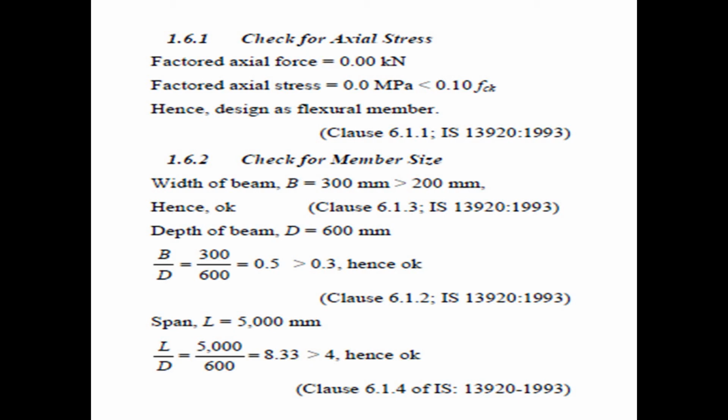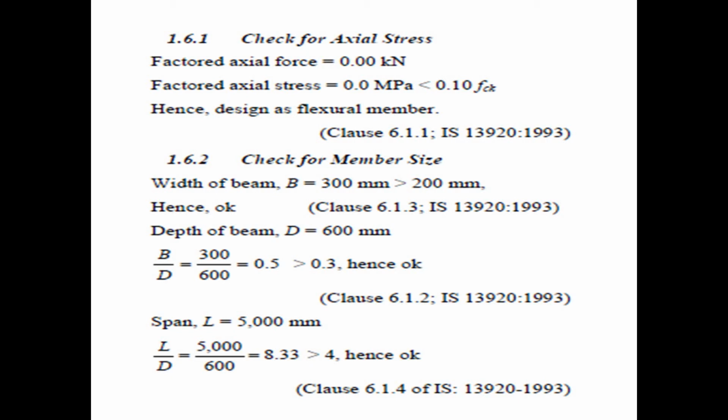So in this case the reinforcement can be redefined in a more effective way in terms of ductility. Okay, so by considering this code, the various clauses have been considered as per IS 13920, and on the basis of that clause the structure is again checked for the various cases.